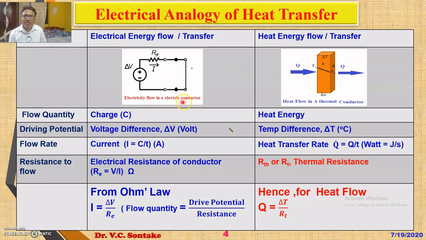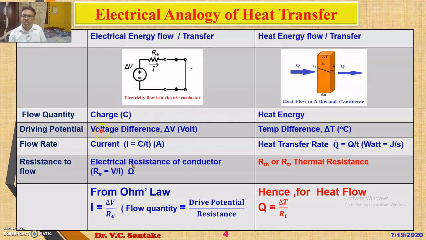Now let us compare one by one electrical energy transfer and heat energy transfer and try to deduce some important conclusions out of it. So first parameter is flow quantity. In case of electrical transfer, it will be charge in coulomb, and in case of heat transfer, it will be heat energy in joule.